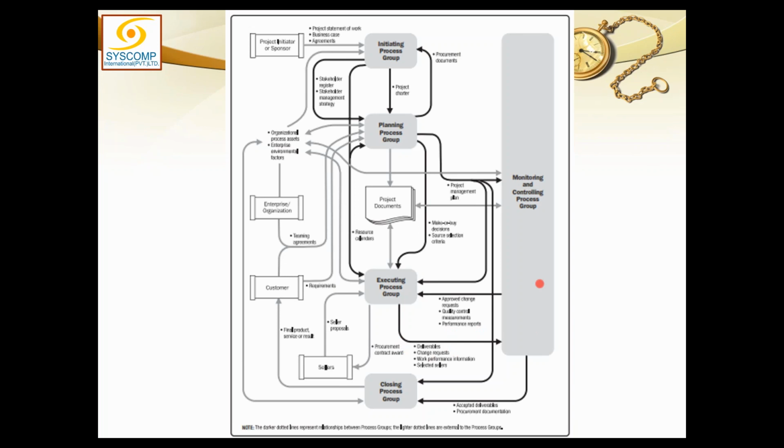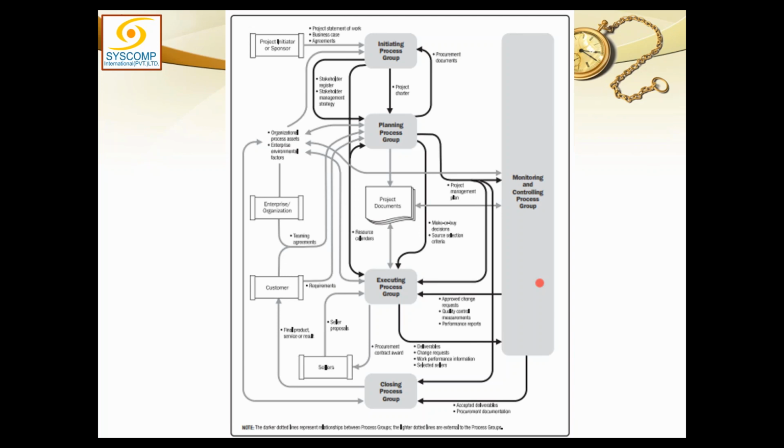Where do all these change requests go? One of the two processes of integration here, which I called the chief controller, is called perform integrated change control. Perform integrated change control receives all the change requests and is responsible to process them, whether they are accepted or rejected.